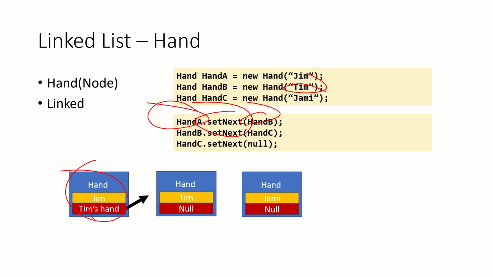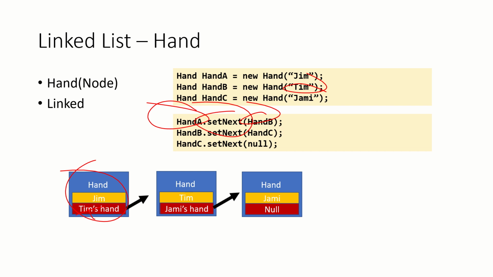The hand B dot set next. Hand B is Tim's hand. It sets next to hand C. Hand C is Jamie, then link them together.